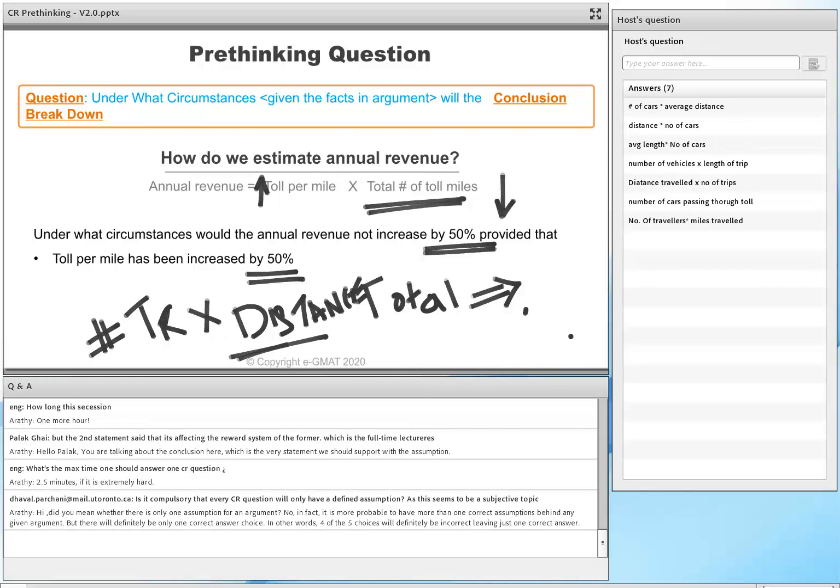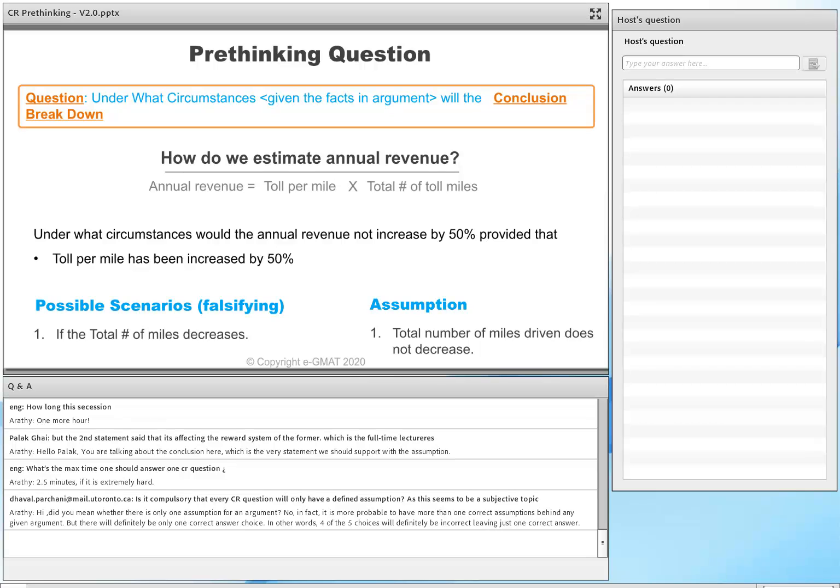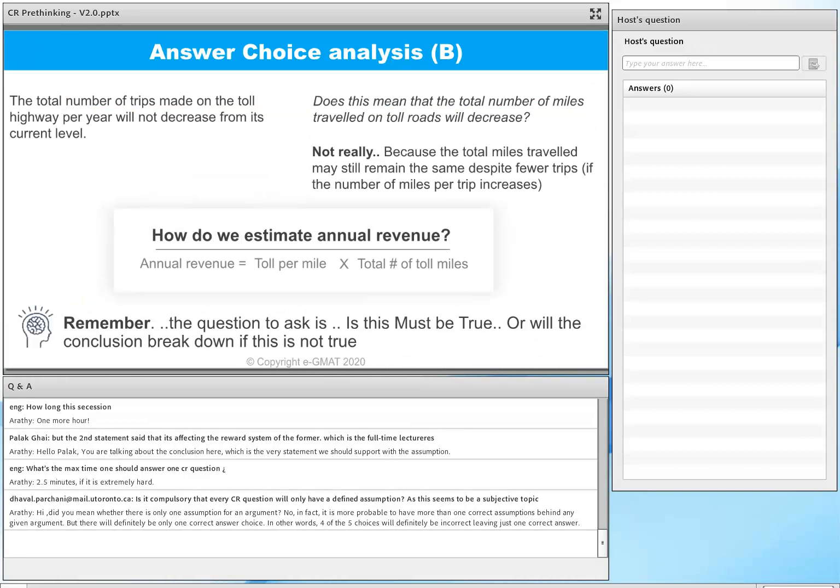Right? Average number of cars times average distance. That's a good way to put this. All right, just to keep this in mind. Now, the only possible falsifying scenario, as we said, is that the total number of miles decreases. The assumption then that comes out is that the total number of miles driven does not decrease over here.